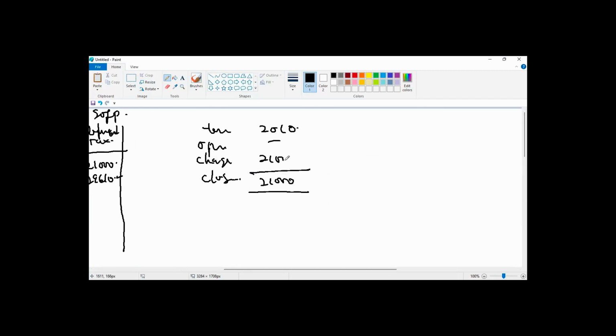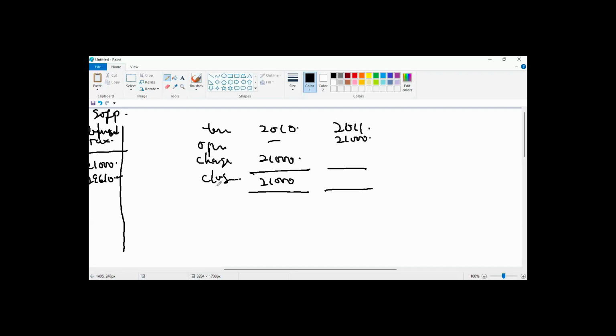Charge of 21,000. 2010 closing becomes the 2011 opening at 21,000. Whichever way, I will still get the same answer. I can decide to get the charge that goes to the P or L, or I can get the closing balance.